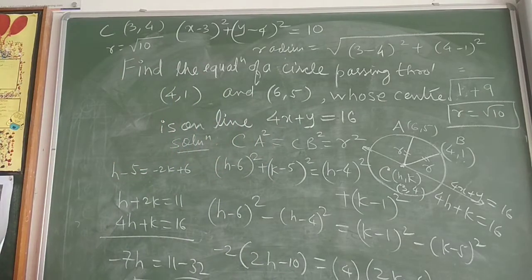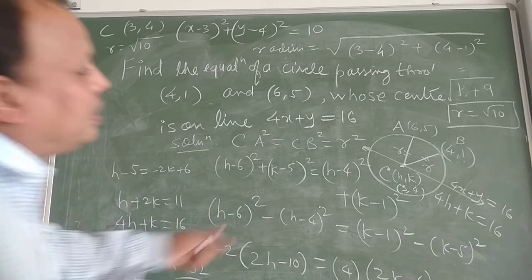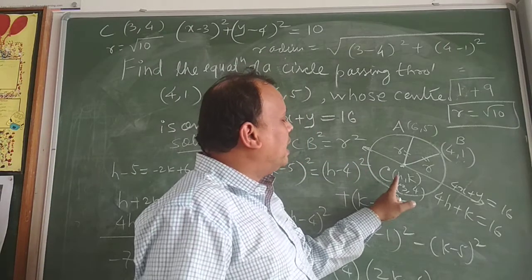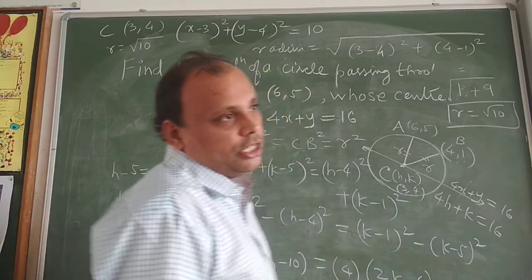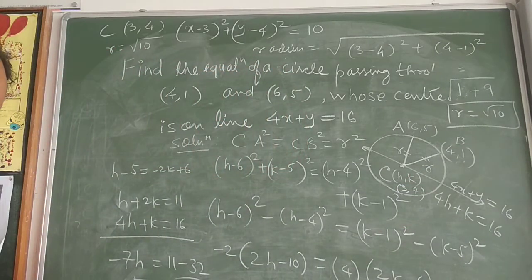So if the center is lying on one of the lines, or the center lies on the x-axis, then the center coordinates you can take as h comma 0, and use different conditions. Just try this exercise, and whichever problem is there, you can find it out.